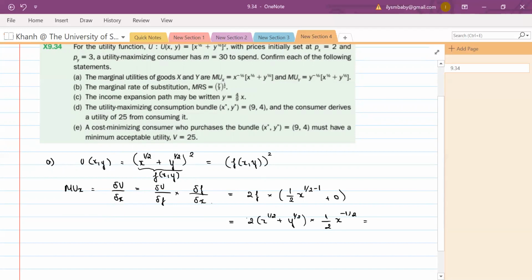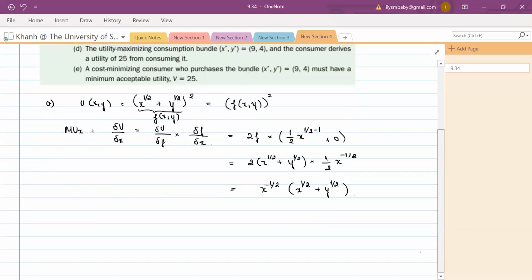The 2 cancels with the half, and what you are left with is x to the power negative half multiplied by x to the power half plus y to the power half, which is what the question asks you to show.